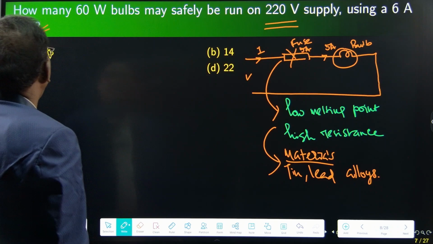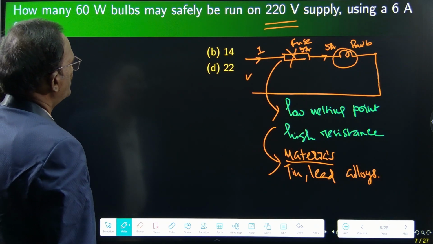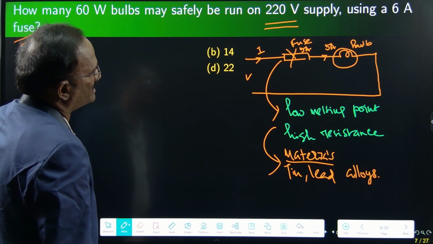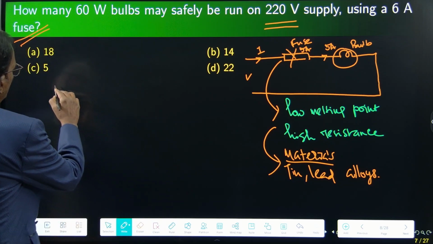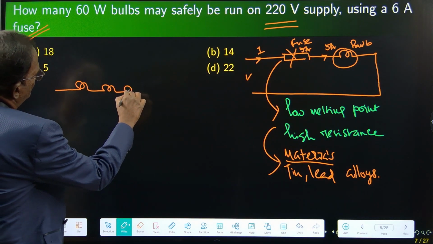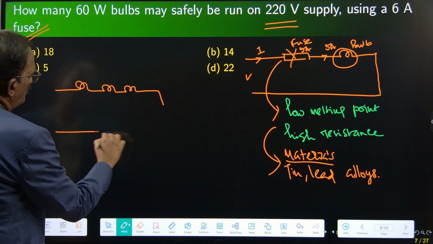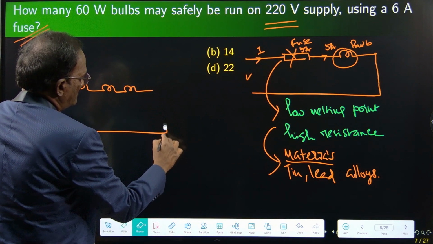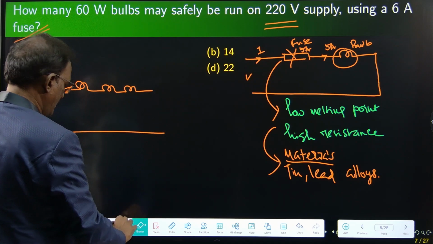So here, how many 60 watt bulbs may safely be run on a 220 volt supply using a 6 ampere fuse? That means some bulbs we are connecting, we don't know how many bulbs can be connected here.